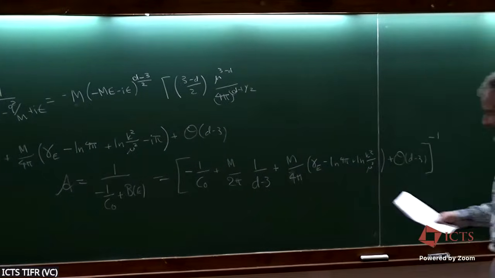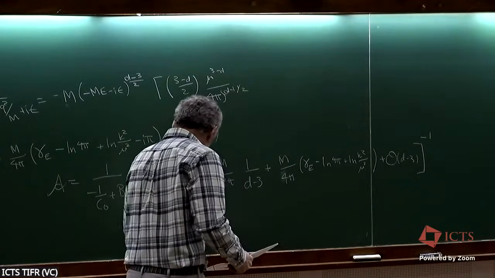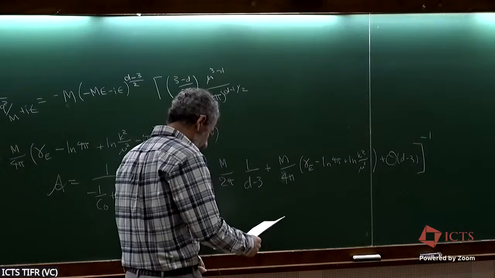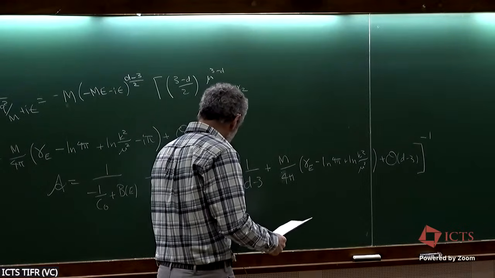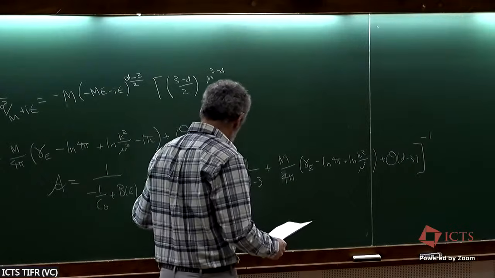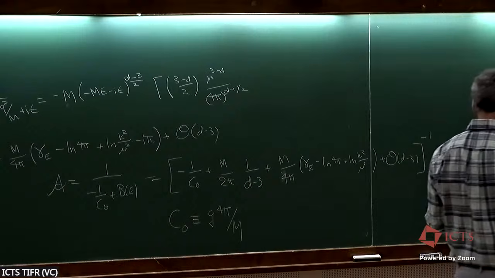And this gets nicer if I define C naught to be G times 4 pi over M. So this is just going to be a definition. It neatens up the factors.